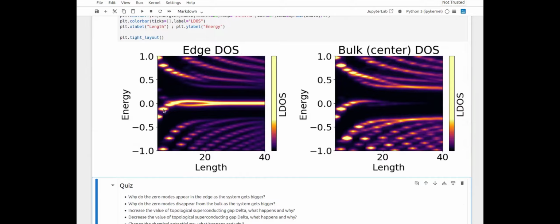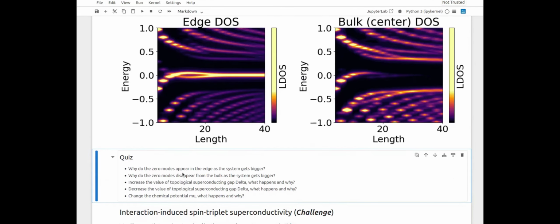So at the beginning, you have some mode at finite energy, but eventually, as your system is big enough, it gets pinned at zero energy. But then in the bulk, as you make the system bigger and bigger, you start seeing some peak close to zero energy. That was the original edge mode. But then once the system is big enough, you no longer see the edge mode.